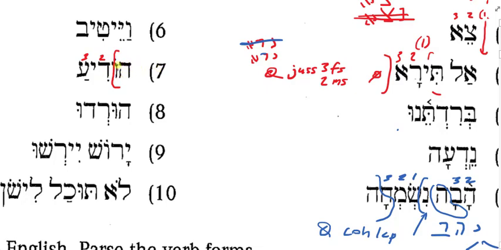I've got a holem vav right after the hey. So what might be my missing root 1 letter here? Yeah, this could be yada, where the yod is originally a one vav verb, right? So yada, hifil. Okay, that's good. How many places does the hifil show the hifil hey?